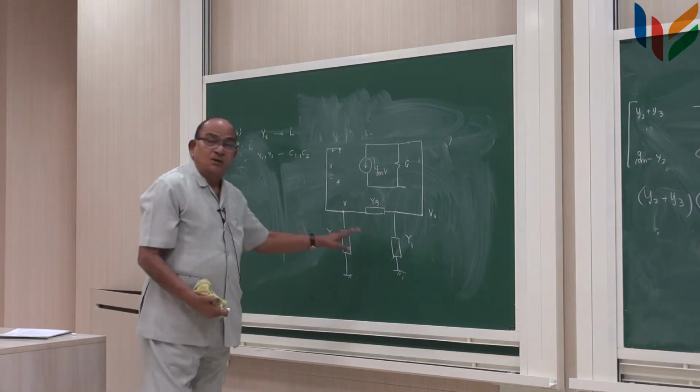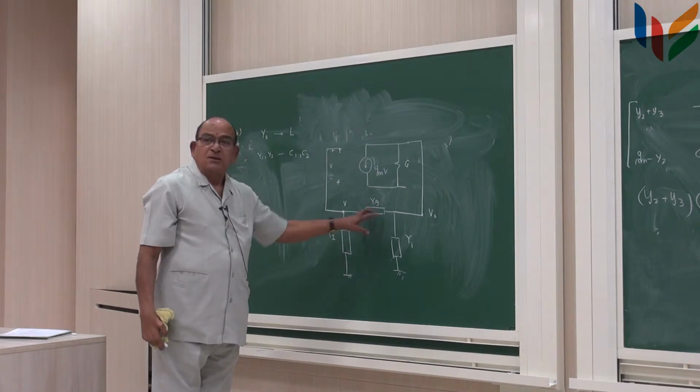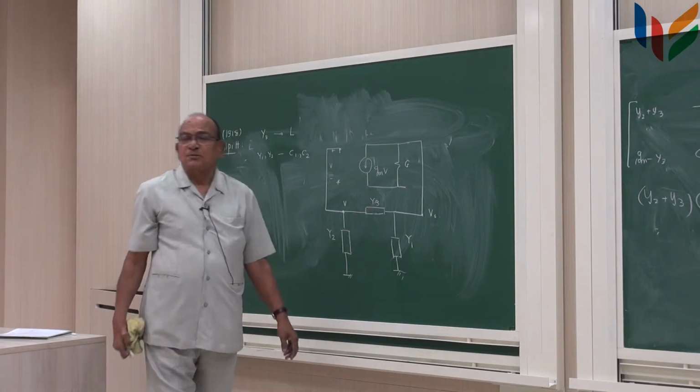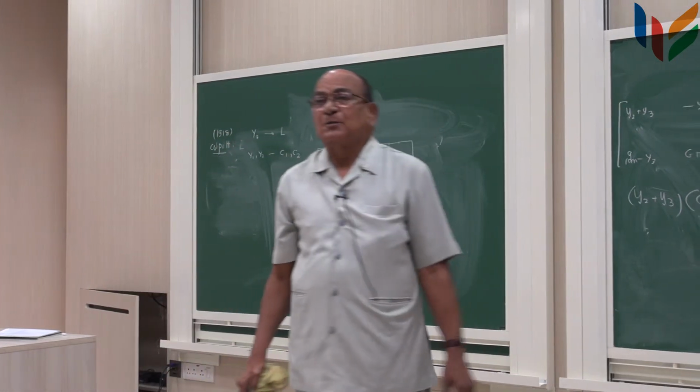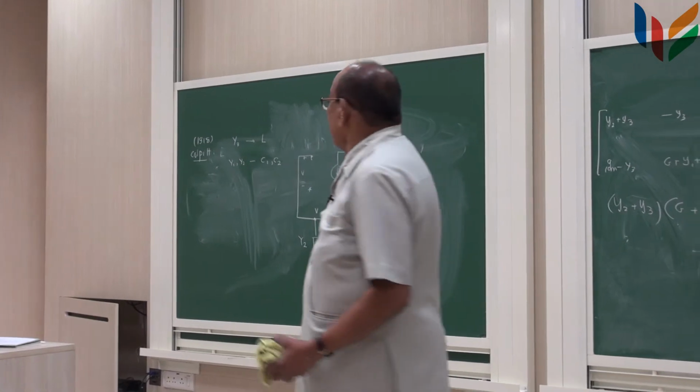It is a pi network containing an inductor and two capacitors C1 and C2. This structure is what is known as the Colpitts oscillator structure.